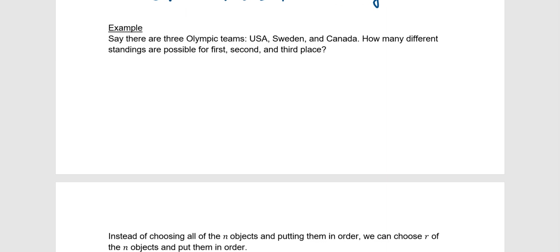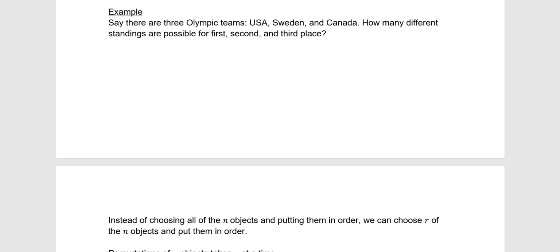And for the next one, let's say there are 3 Olympic teams: USA, Sweden, and Canada. We want to know how many different standings are possible for first, second, and third place. Clearly order matters here because we're ranking them first, second, and third.